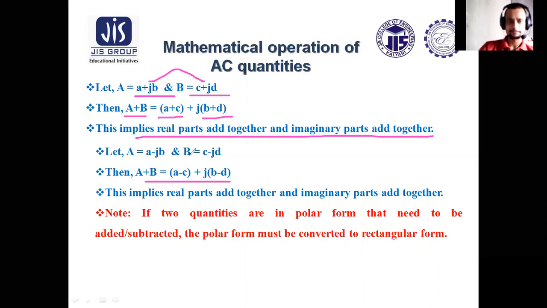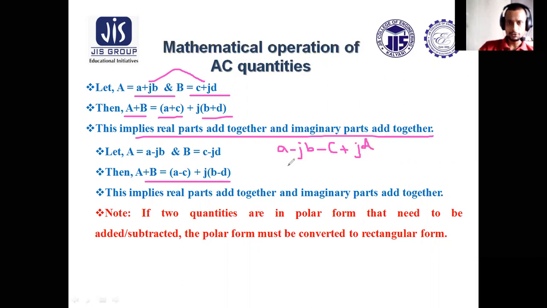See, a minus jb minus c, it should be plus jd.